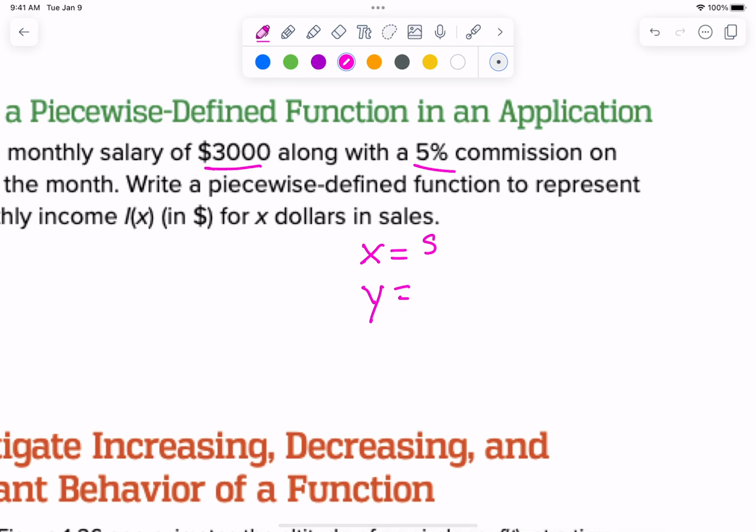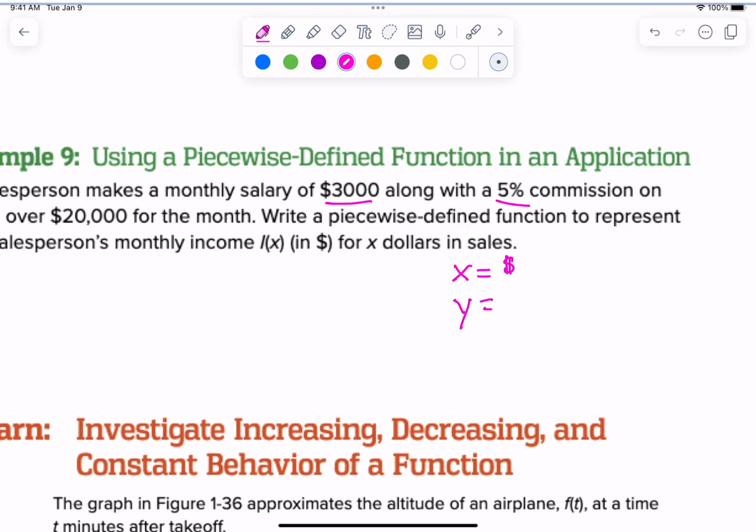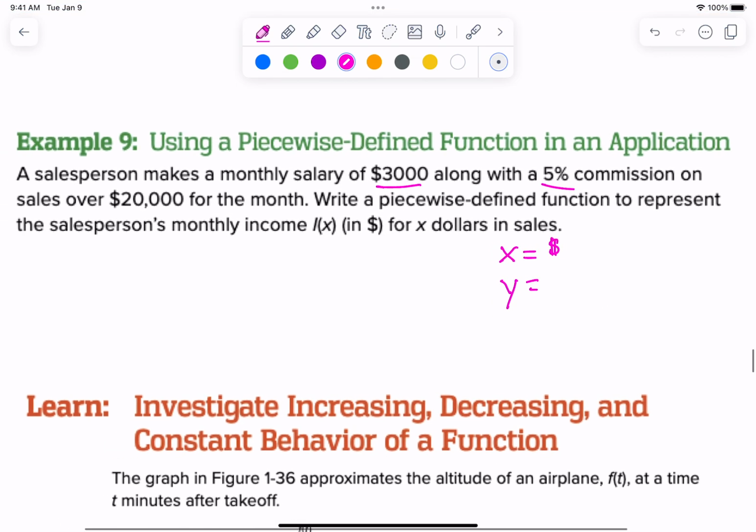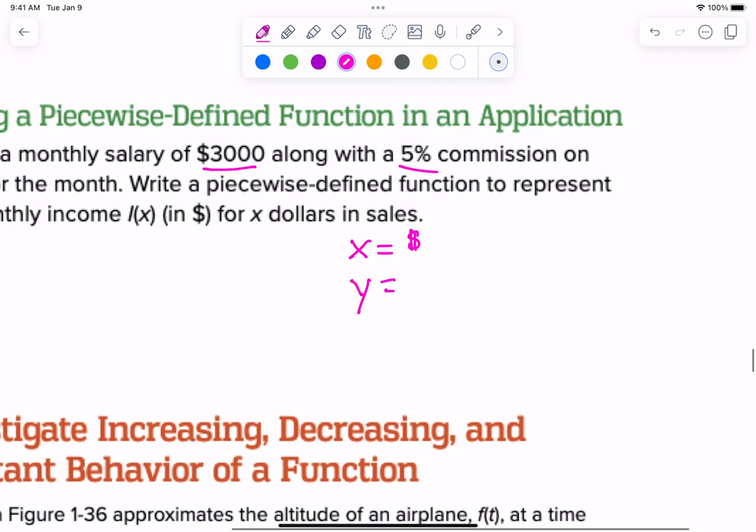X is the dollars in sales, the dollars that she sells. So if I'm selling a house, X would be the amount that I sell the house for. The Y value is what I make on the house, like I'm making a commission. So Y is the dollars that I make, or this is my income. Let's say my income.